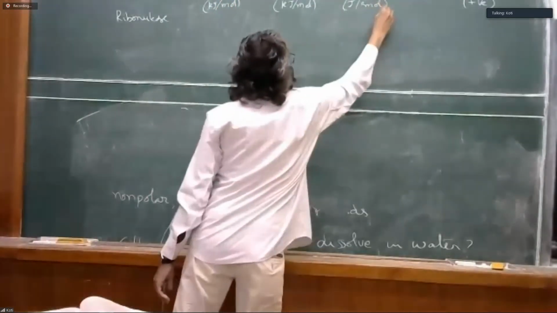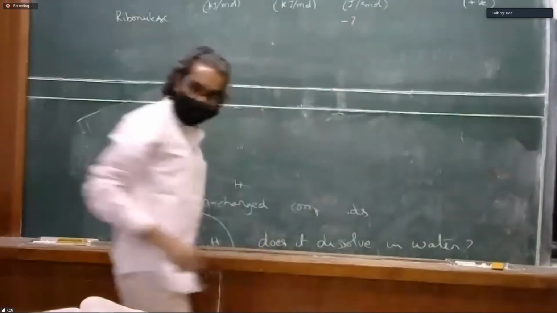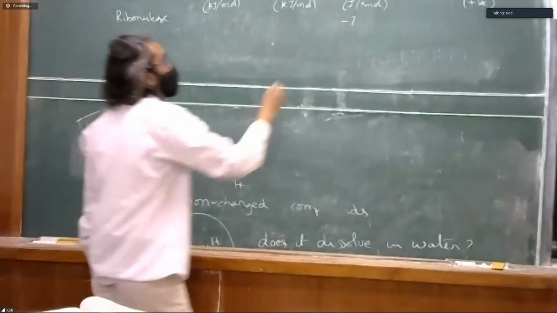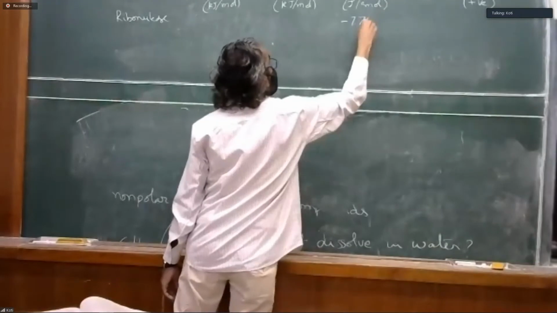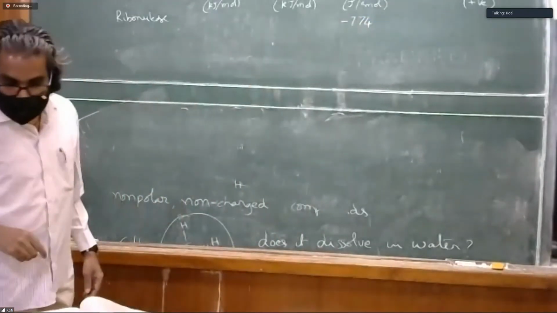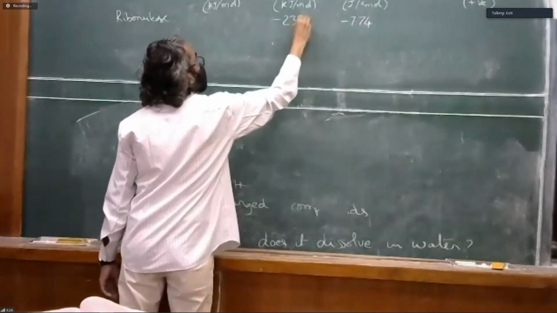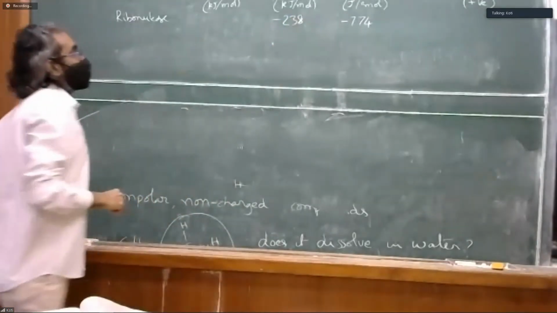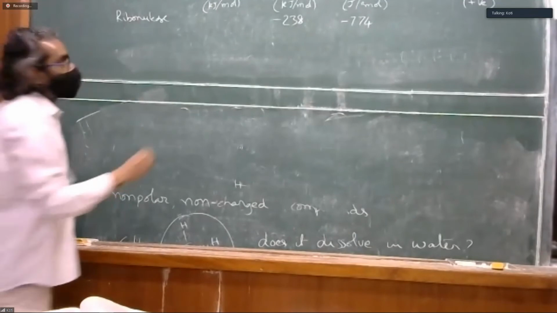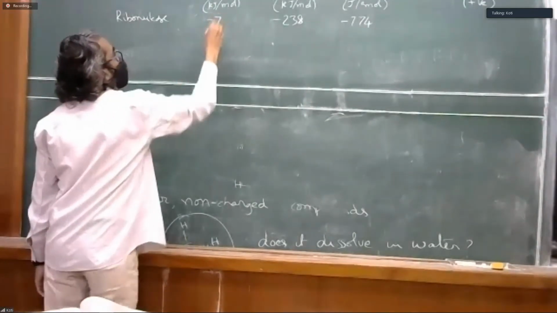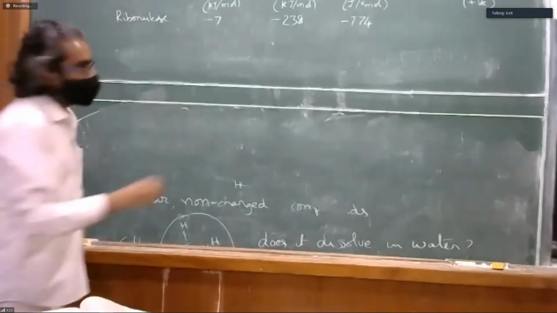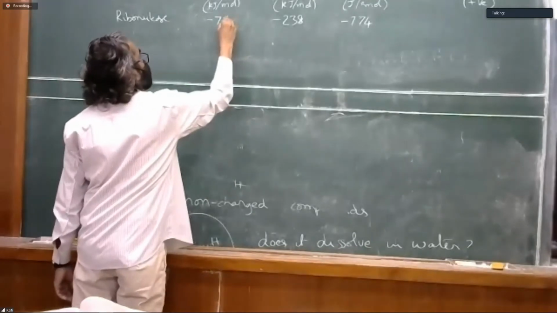The delta S is minus 774. Delta H is very big, minus 238 kilojoule per mole. But yet delta G is only 7.3.